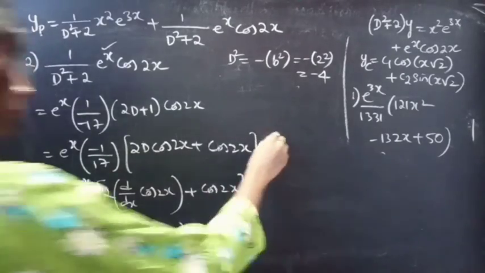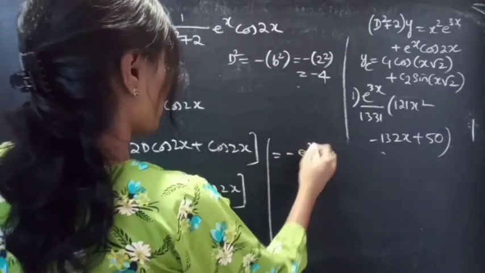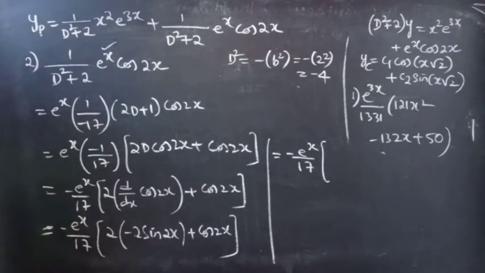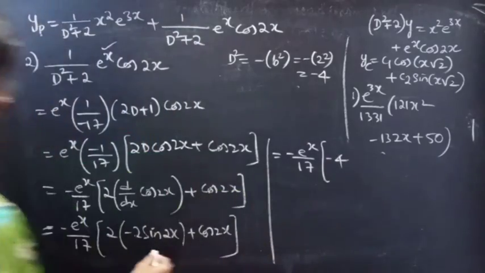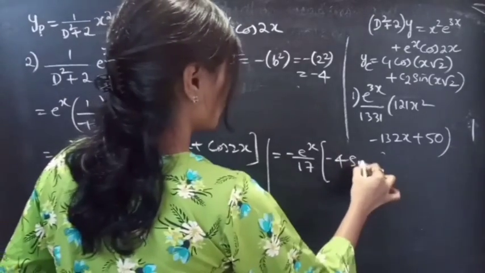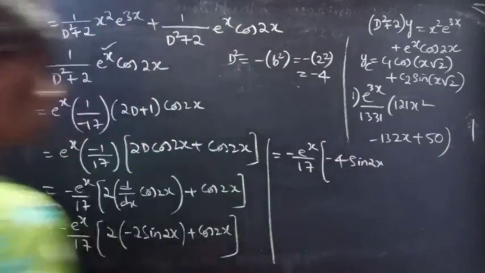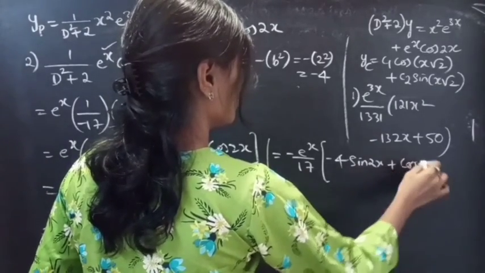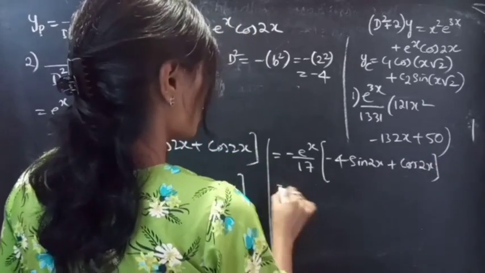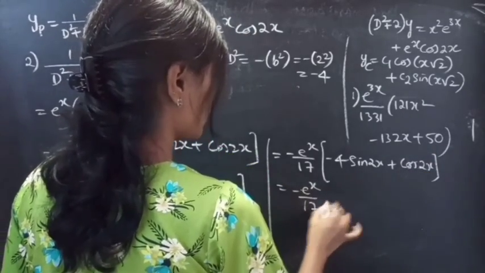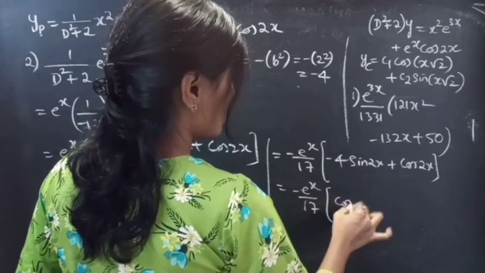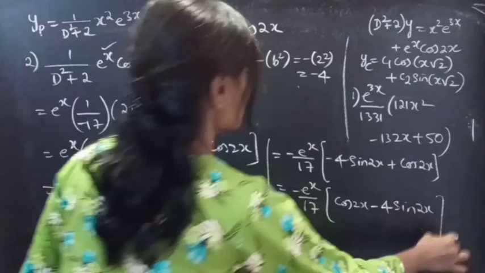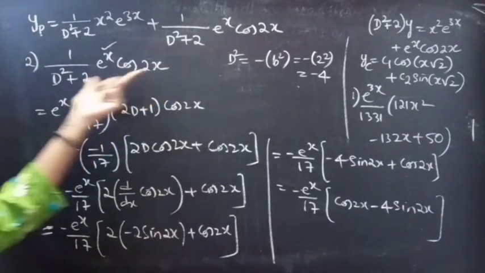This becomes minus e power x by 17 into 2 into minus 2, which is minus 4 sin 2x, plus cos 2x. We can also write this as minus e power x by 17 into cos 2x minus 4 sin 2x. So this is the result obtained from the second term.